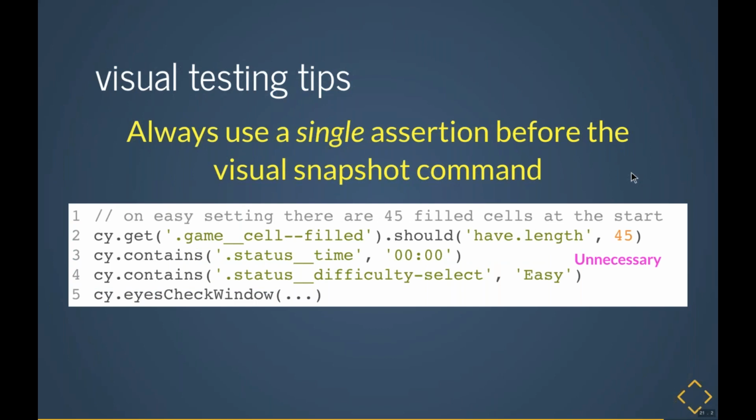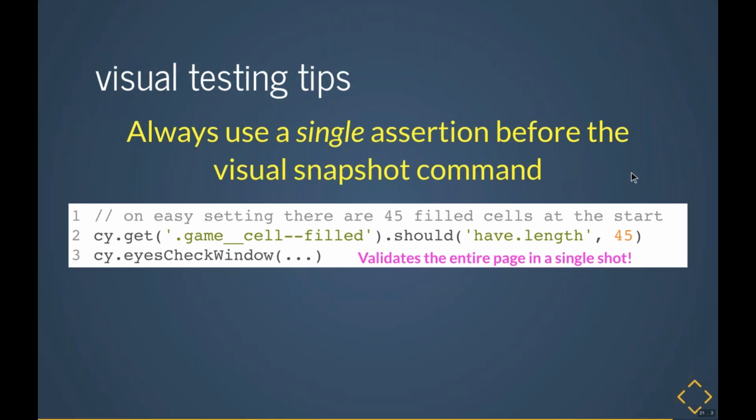But you need to make sure that there's one functional assertion just to make sure that the page is already rendered, but don't add more functional assertions. They're unnecessary, and why? Because your eyes check window checks everything on the page. So one functional assertion just to check that the page is rendered, and then the eyes check window will check everything.